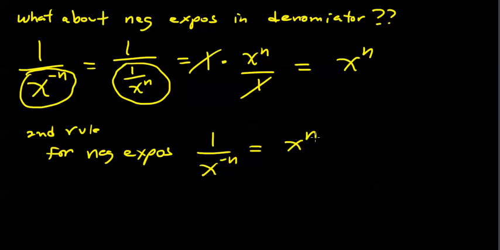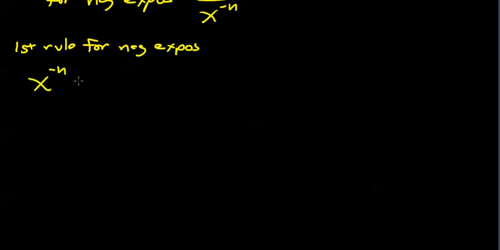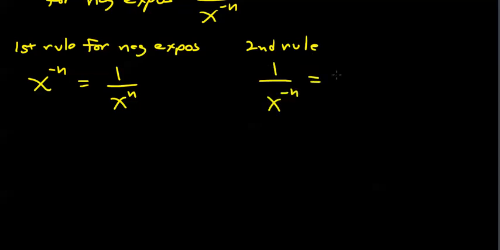Alright, so let's contrast that to the first rule. If I've got x to the minus n, that's 1 over x to the nth power. And my second rule says 1 over x to the minus nth is equivalent to x to the nth power.